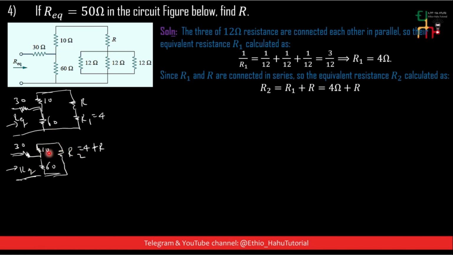10 ohm resistor and R2 are connected in series. So their equivalent resistance, let's say R3, ብንለው R3 ማለት ምን ይሆናል?